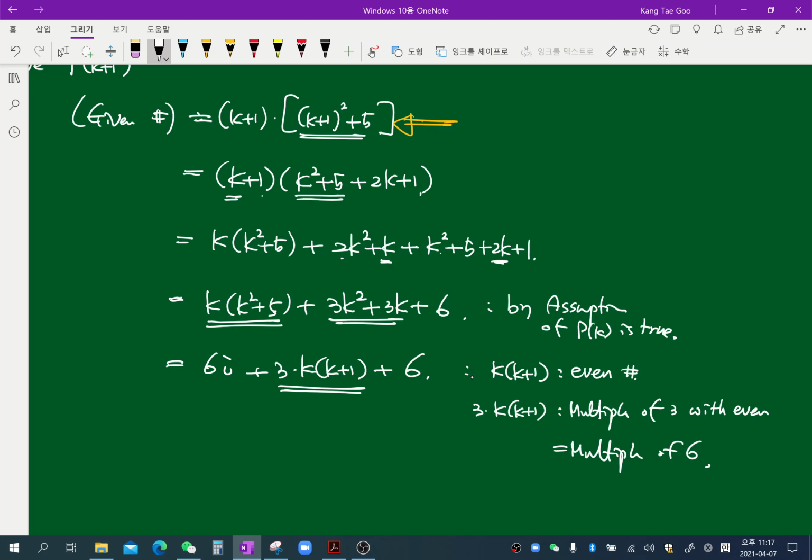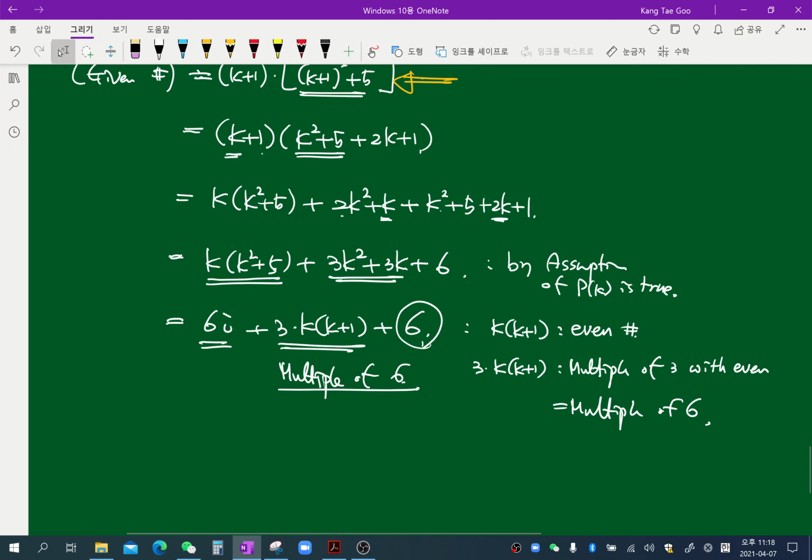That's why this term is a multiple of 6. And 6 is a multiple of 6. 6i is also a multiple of 6, right? So all three terms are multiples of 6.